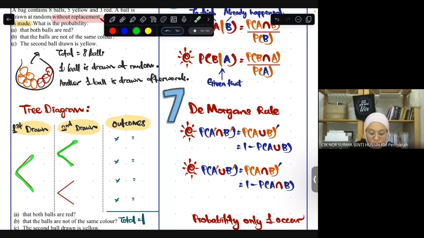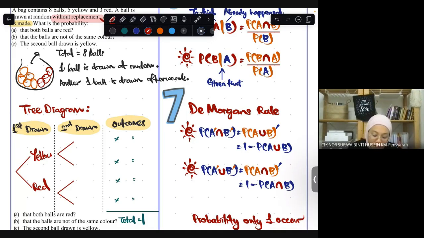Okay. Yang pertama, first drawn is of course only one branch lah. Yang first drawn is either yellow or red. So you just label it. First drawn is yellow ataupun red. You imagine dalam bakul tu, bila you ambil, you tak nampak kan? You ambil dan you tak tahu pun apa yang you pilih. You just ambil satu je daripada 8 bola itu.